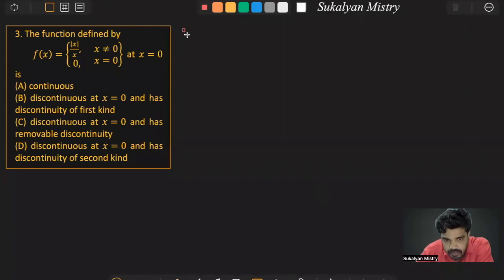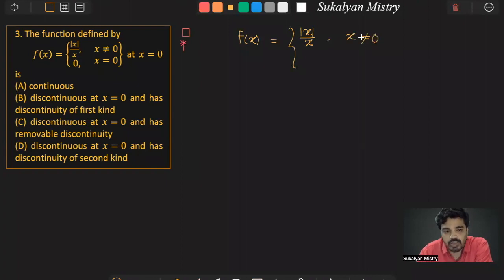This is a very, very important example. Do this star mark. Okay. So what is given here? The function f(x) is defined by modulus x by x when x is not equal to 0, and this is 0 when x is equal to 0.